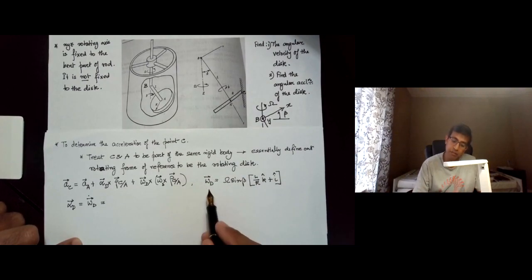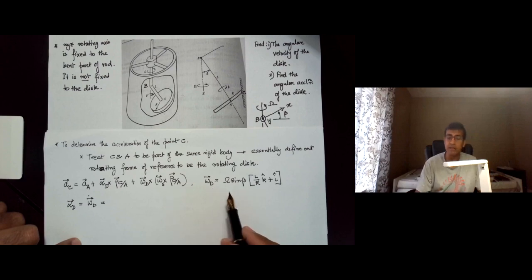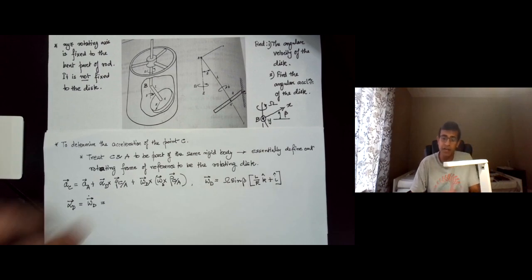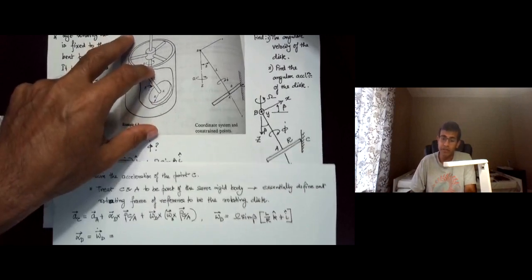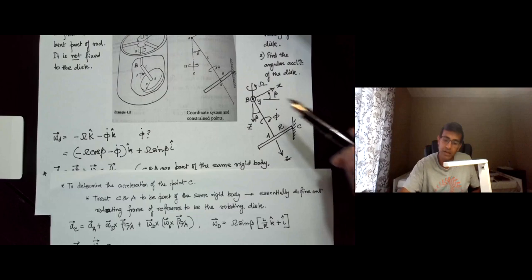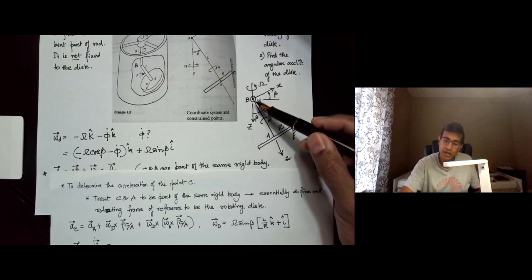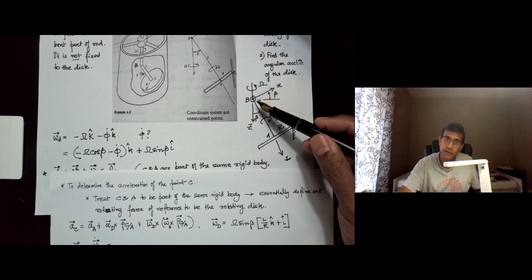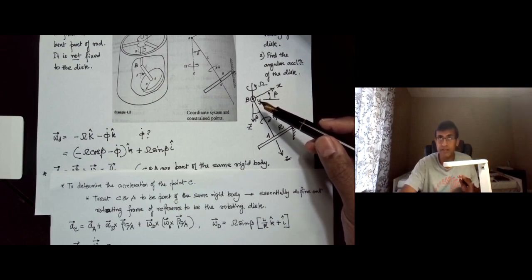By omega d I mean the net angular velocity of the disk, and it is being expressed using the ijk coordinate frame, which is more clearly given over here. You see the ijk coordinate frame is a rotating frame. The frame is not fixed to the disk. I shouldn't say it's a frame, it's more precisely a triad.